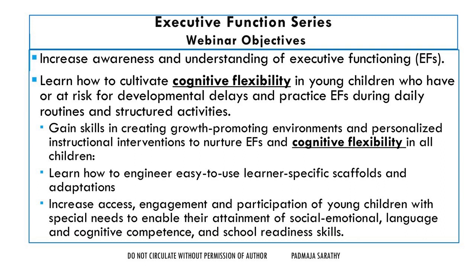How do we increase the participation? How do we increase the action and expression of the children so that they benefit from that instruction? Ultimately, to lead to the attainment of social, emotional, cognitive, language competence in children and prepare them for school success.